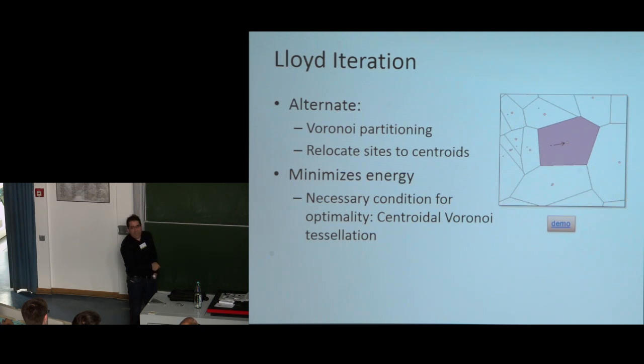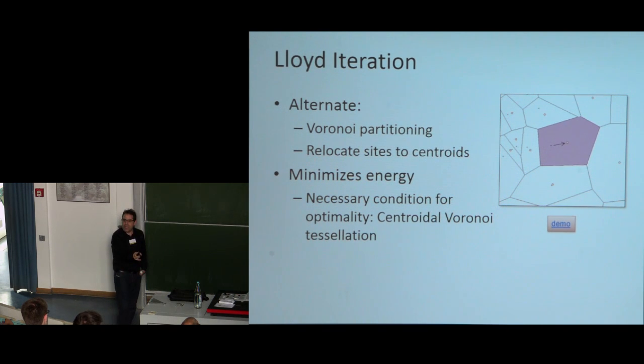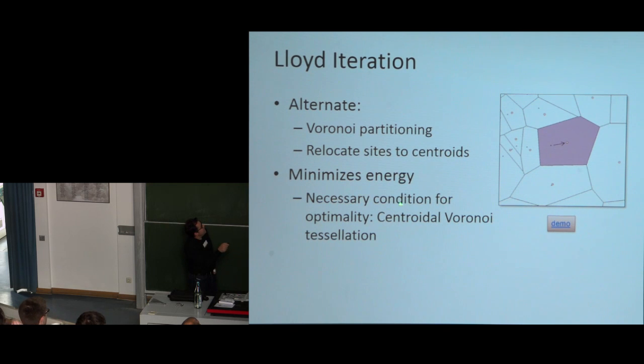And we are simply going to hammer on that energy with 2 hammers. One is the Voronoi partition, the other one is vertex relocation. And a necessary condition for the optimality is that it is a centroidal Voronoi tessellation.